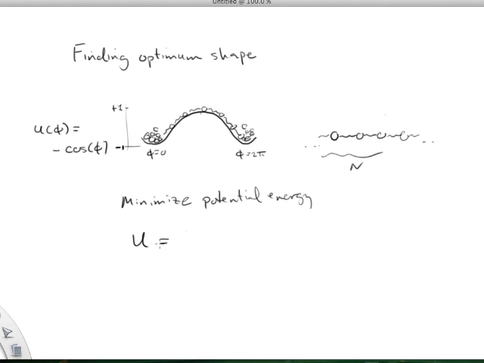So the total potential energy is going to be the sum of the hill potential, if you want, of all of the beads, plus a spring term, which I'm going to write as the sum of the squares of the differences between these phi values.